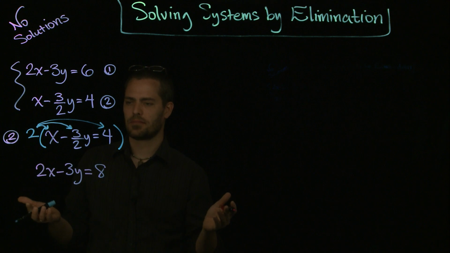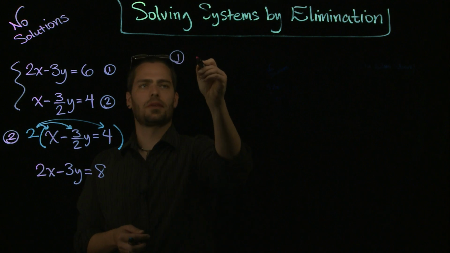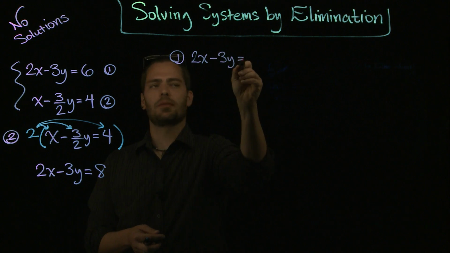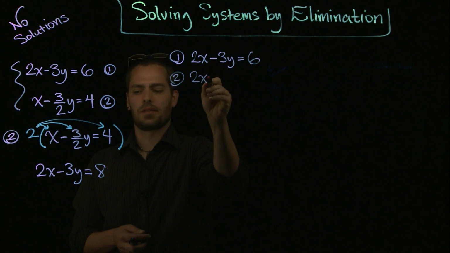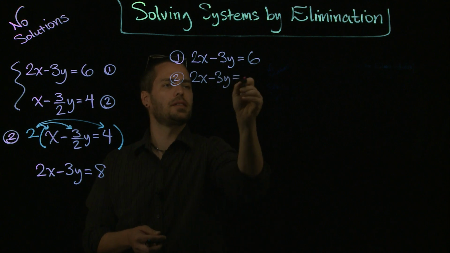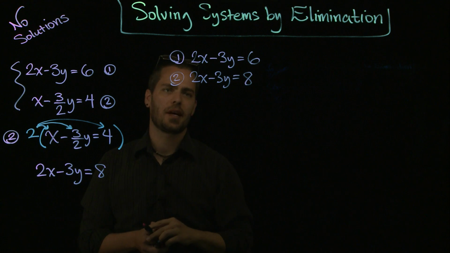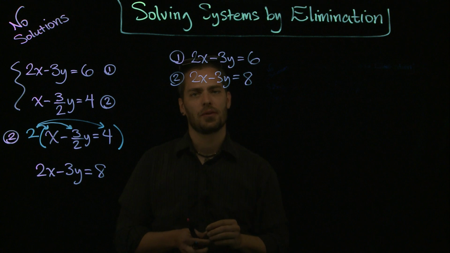Great, now I have two equations in standard form. Here's my first equation. 2x minus 3y is equal to 6. Here's my second equation. 2x minus 3y is equal to 8. We're not quite ready for the elimination step because if we add these equations together, neither of those variables is going to be eliminated.